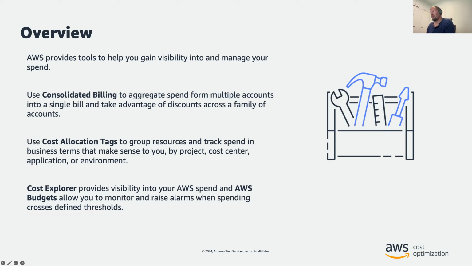Cost allocation tags, we did talk a little bit about this, or Ursula already talked about this, so just examples on how to do it. This is something that is best practice. So you should always tag your resources in some way, for example environments or cost centers.